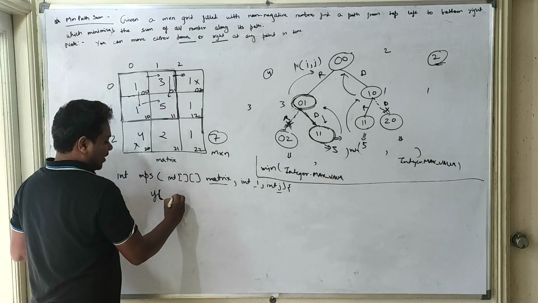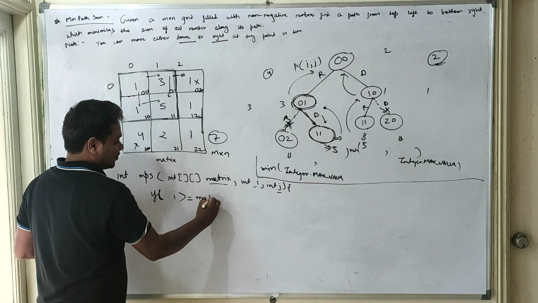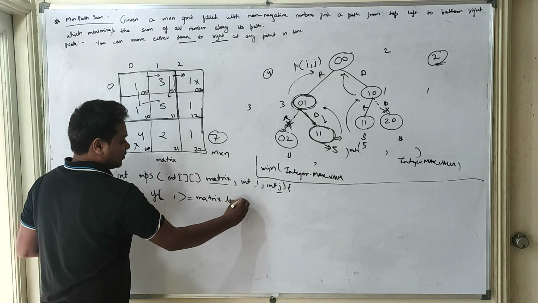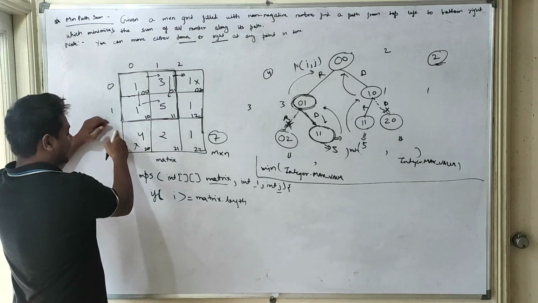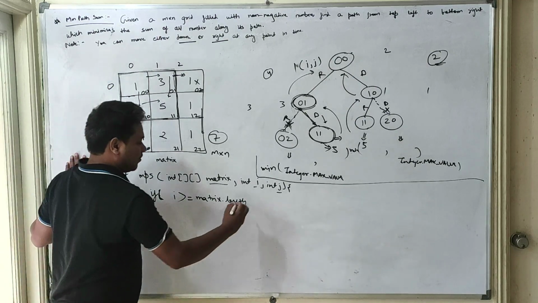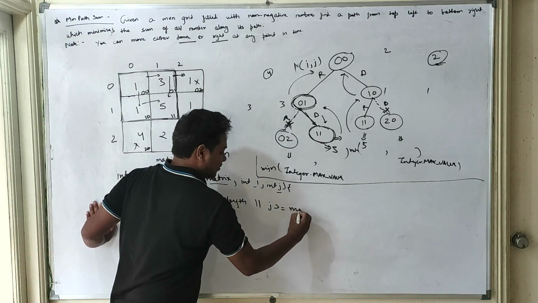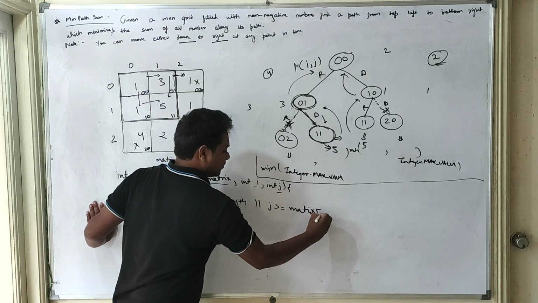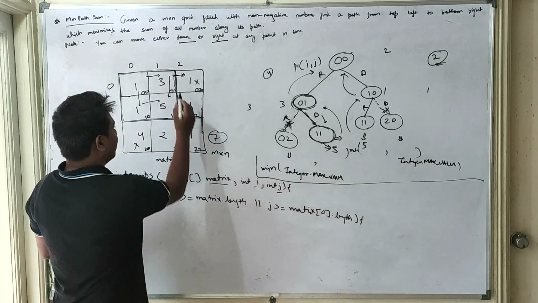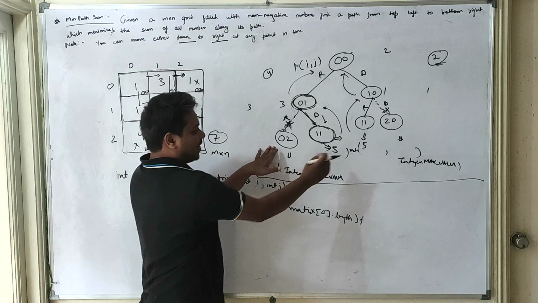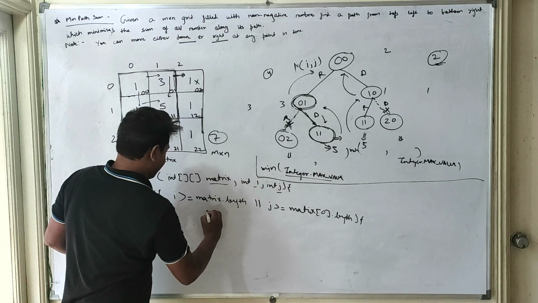So if i becomes greater than or equal to matrix dot length, so if we are anyhow crossing this particular matrix in the row terms, or if we are crossing the matrix in column terms, j greater than or equal to matrix[0].length, okay, or we are crossing it over here, then we are landing into these two scenarios. Then we will return integer dot max value from here.